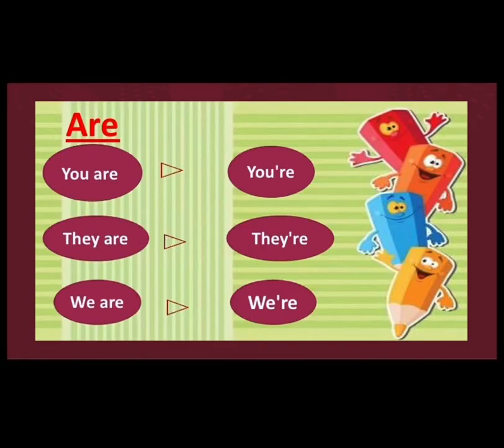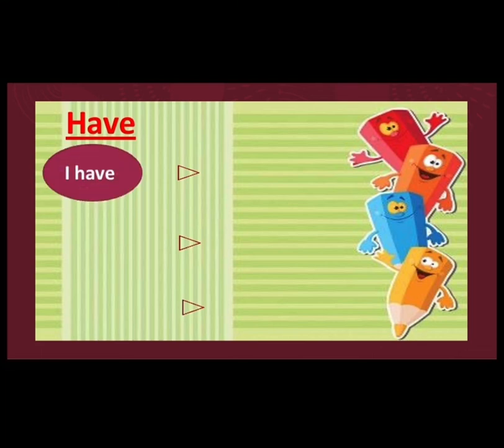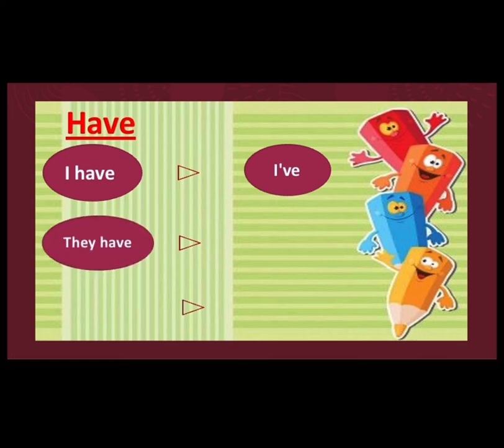Let's have a look at the word have. If we want to combine these two words I have, we have to drop the letters H and A and it will become I've. So in place of H and A, we have added an apostrophe. They have.